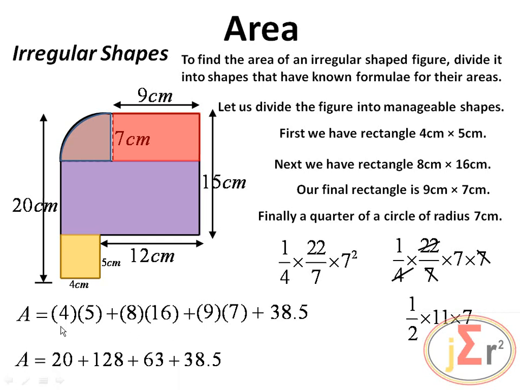Of course, we need to do our little arithmetic here. 4 times 5 is 20. 8 times 16, 128. 9 times 7, 63 to be added to 38.5. And the final result is 249.5 centimeters squared.